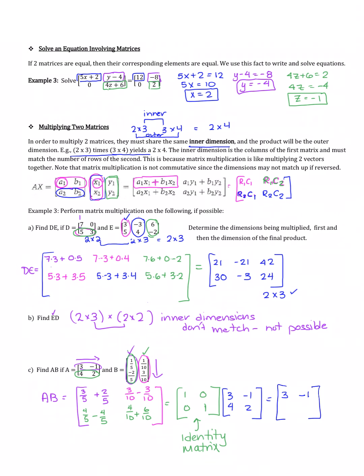Then I get 0 plus 4, so I'm doing my finger thing right now. And then I get 0 plus 2, and voila. So notice your identity matrix, we usually use a capital I, times A equaled A. So it's like multiplying by 1 in matrix form. All right, so that is your basic introduction to matrices.